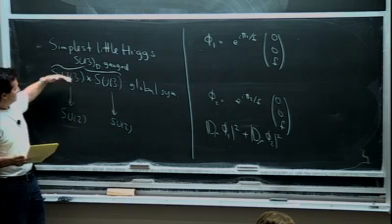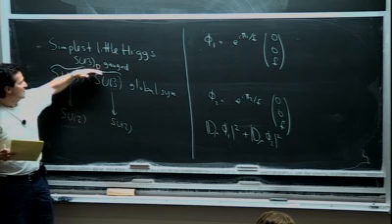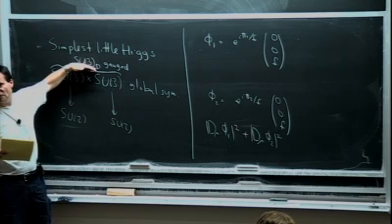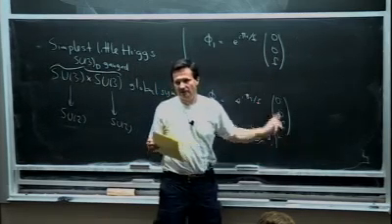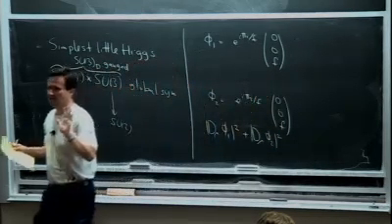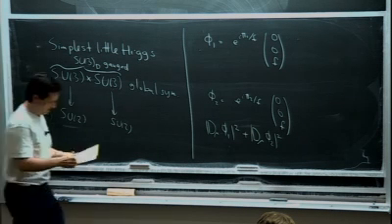When SU3 is broken to SU2, each of these is going to break the SU3 down to SU2. We're assuming that these are aligned with each other. So 5 massive gauge bosons and 3 massless gauge bosons, which are the W plus minus and the Z. Okay, but we'll discuss that.